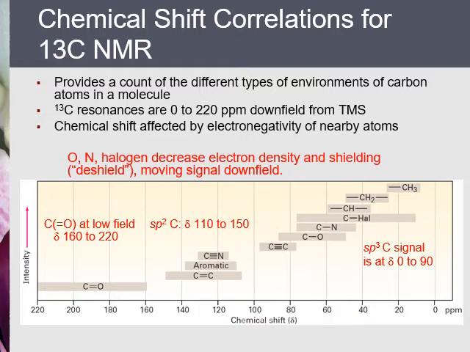This table shows the chemical shift trend for different types of carbons in a molecule. sp3 hybridized carbon signal is usually between 0 to 90. Within this range, carbons attached to oxygen, nitrogen, halogens have signals to the left side or downfield side, close to 90. This is because oxygen, nitrogen, halogens are electronegative atoms.